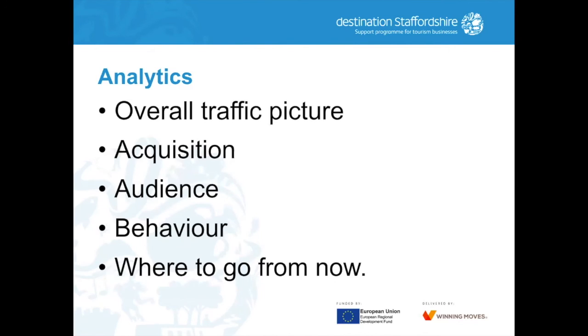So where you go from now, I think we've explained all the way through this analytics, is each little bit of data allows you the opportunity to go back to your website and refine and improve over a period of time to make sure that that customer journey is as fruitful as possible, i.e. people come through and place their bookings or buy their tickets, and your business improves as a result.